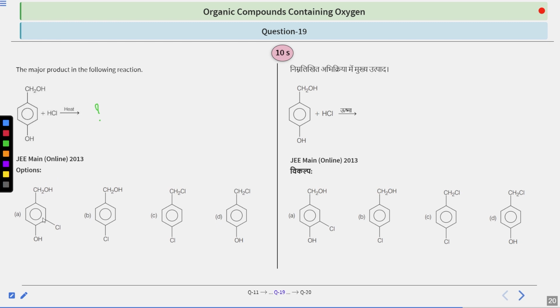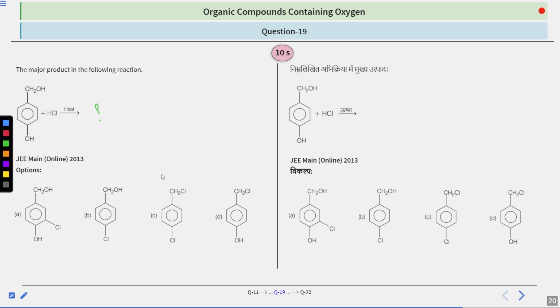Options are that same reactant, but chlorine attached at the meta position; or the benzene ring having CH2OH and chlorine at para positions; or the benzene ring having CH2Cl and Cl at para positions; or the benzene ring having CH2Cl and OH at para positions.